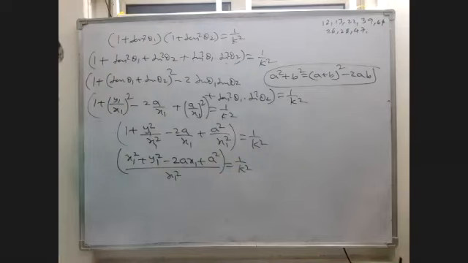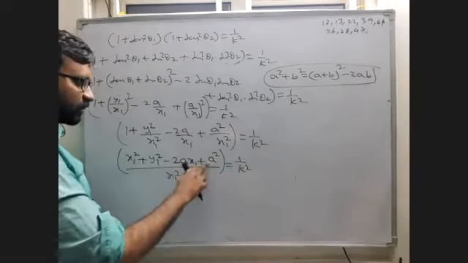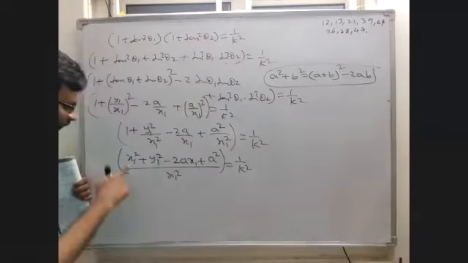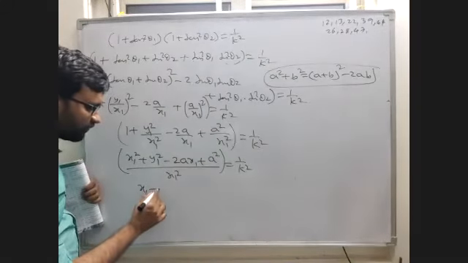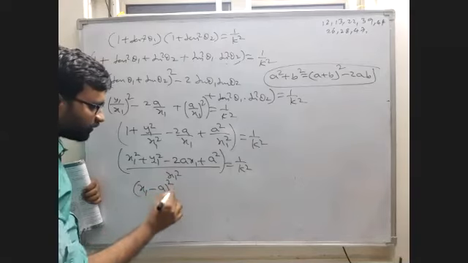So now one more step I am doing: x1 square plus a square minus 2ax1 will be a square minus 2ab plus b square, will be a minus b, that is x1 minus a whole square plus y1 square.